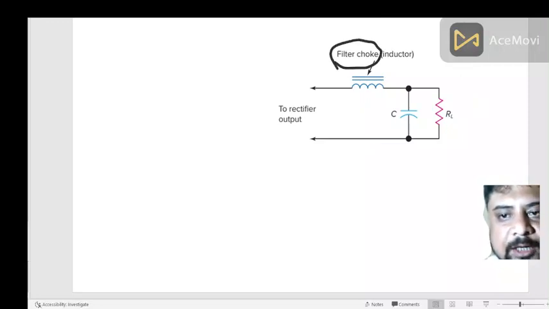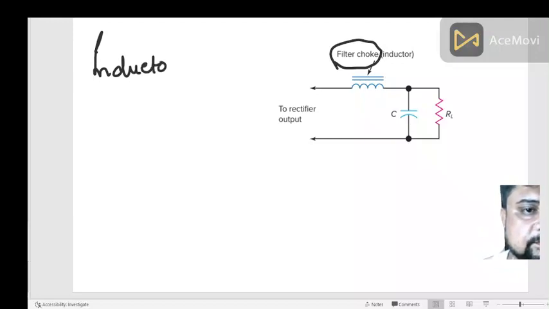Now there is a term, filter choke. Choke means to strangulate, to forcefully stop something. A choke is another name for an inductor. Why is it called that? It is used in the power supply because it chokes off, or forcefully stops, the ripples.